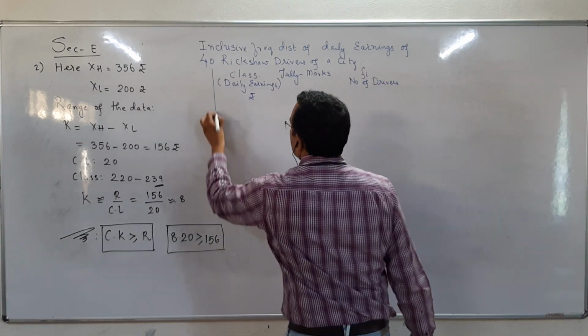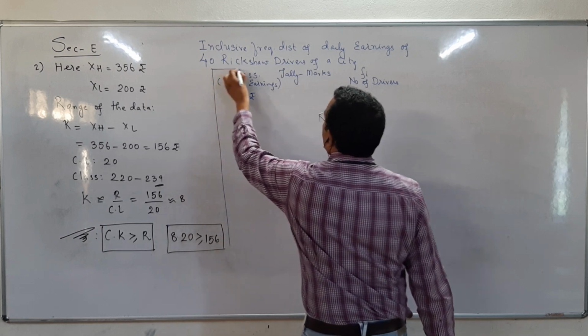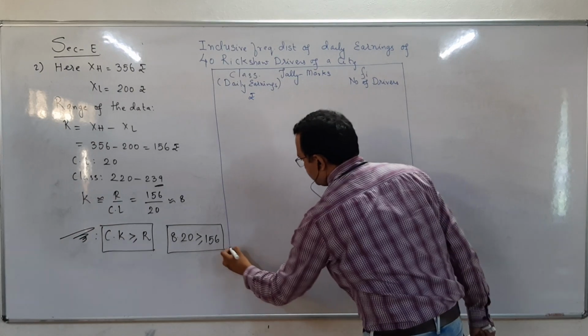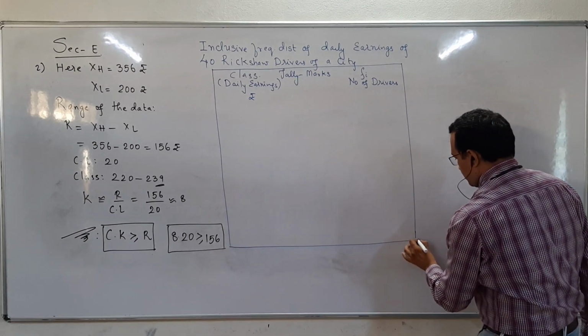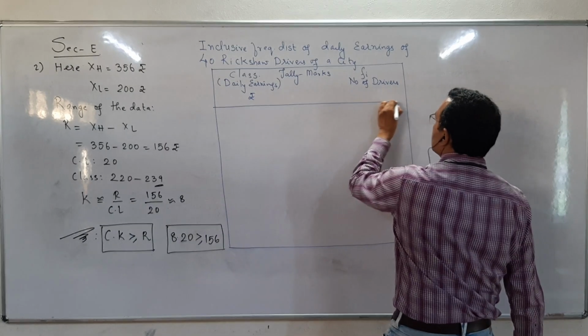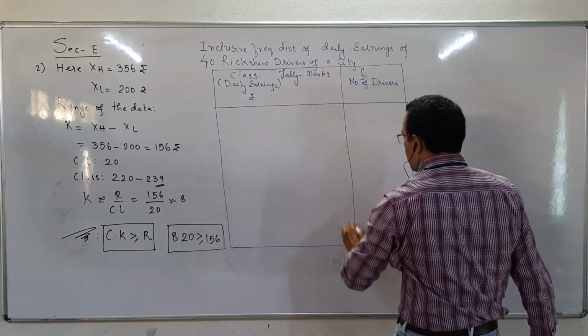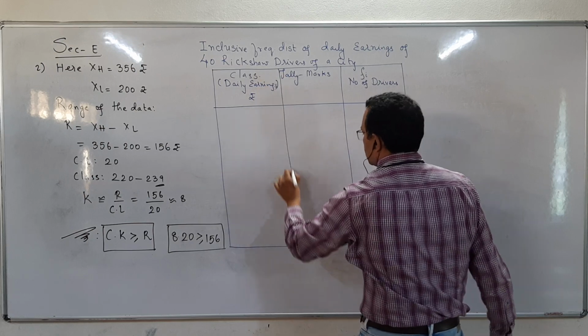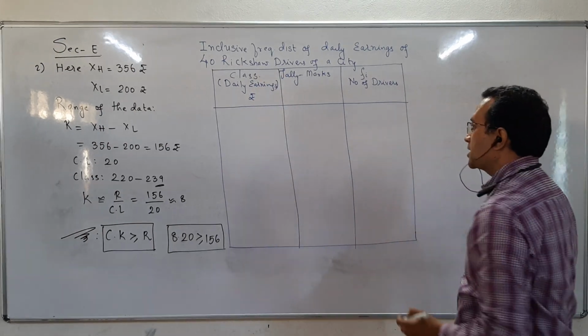So if I prepare a table like this, f_i, and these are tally marks, and these are classes.